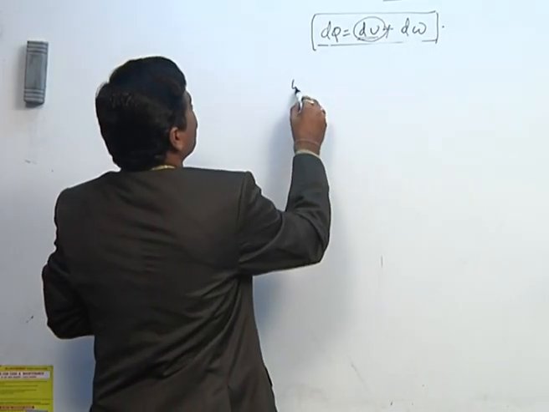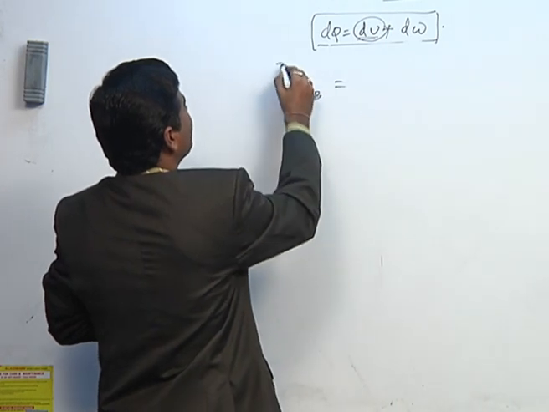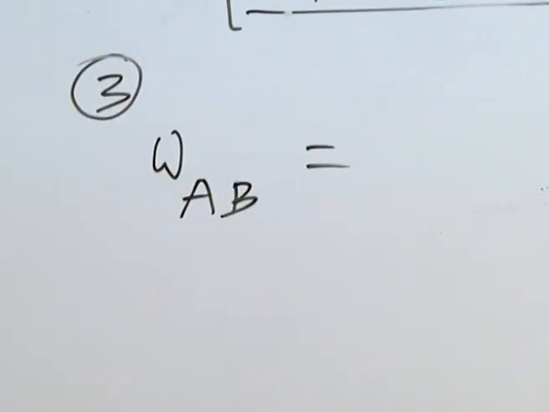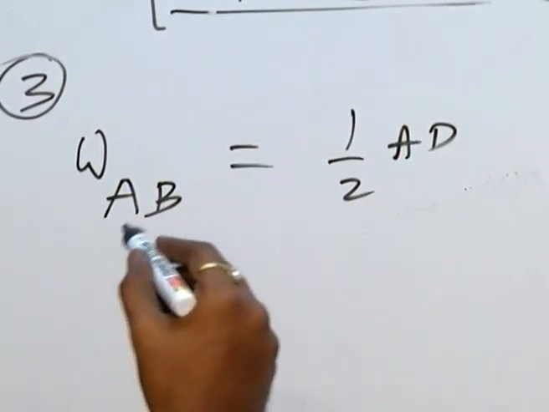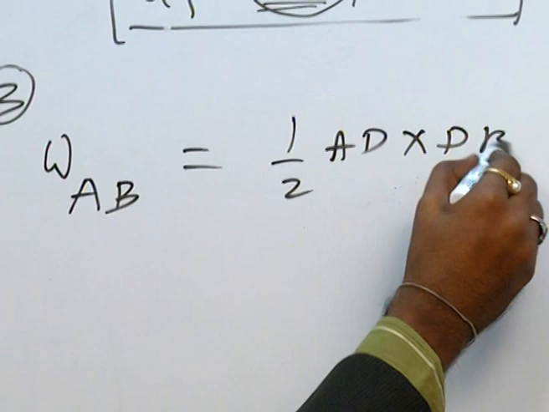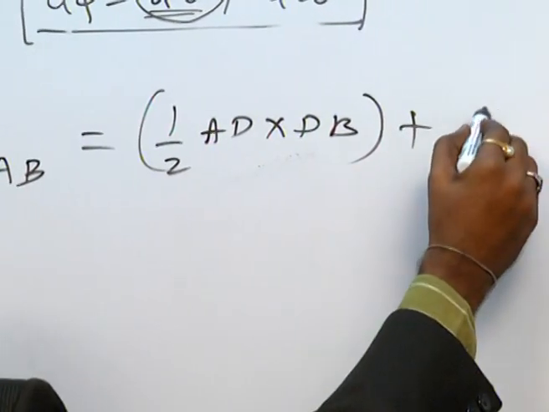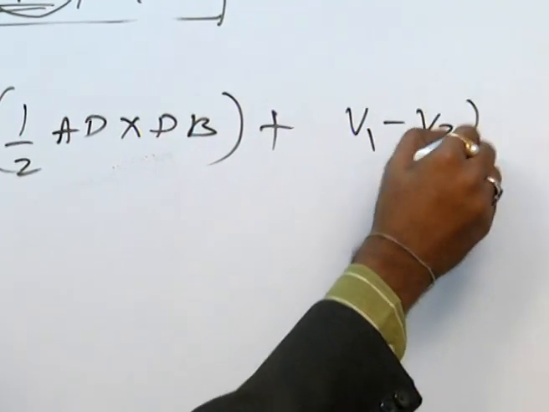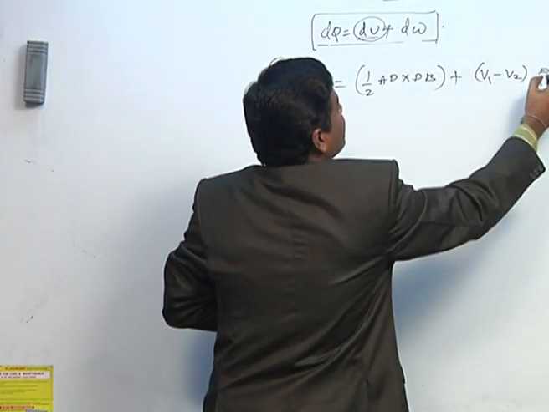First, the work done during this AB process, this is the third process. It is represented by the area of the triangle, half of AD into DB, plus the rectangle, the volume difference V2 minus V1 into the pressure value here, 10 kilopascal, P1.